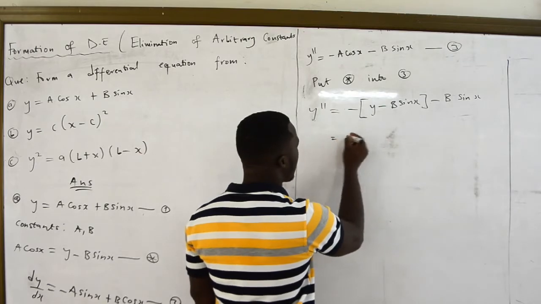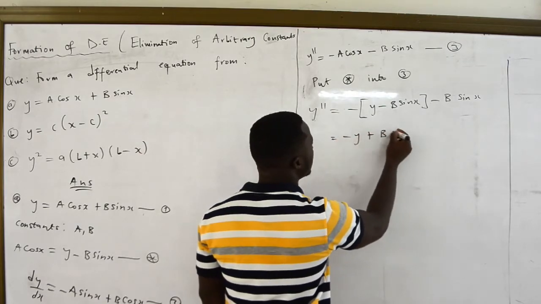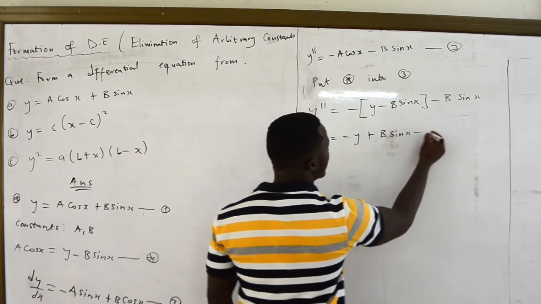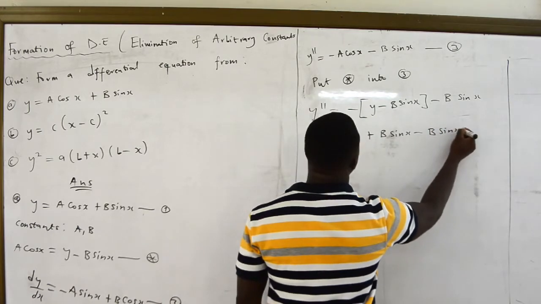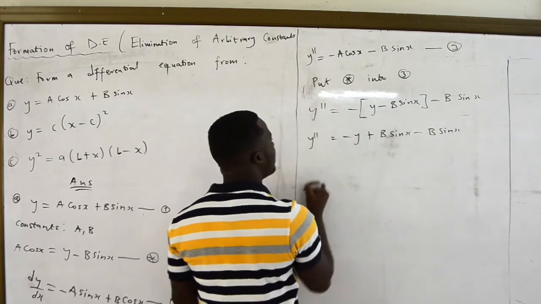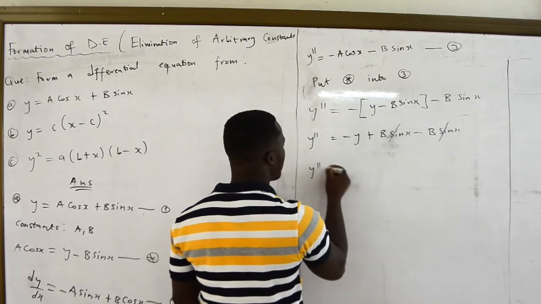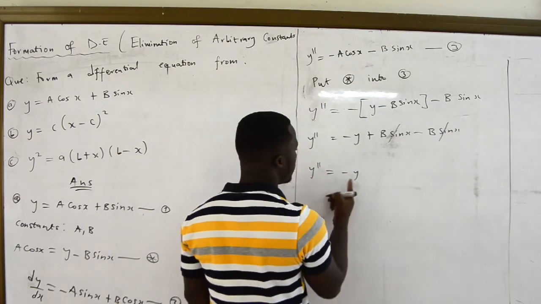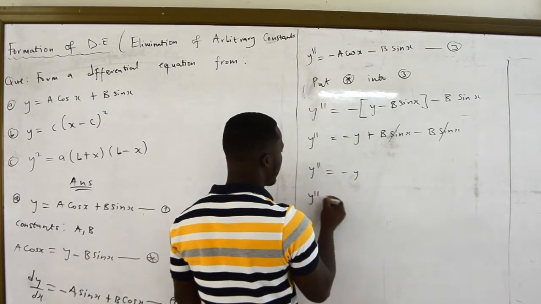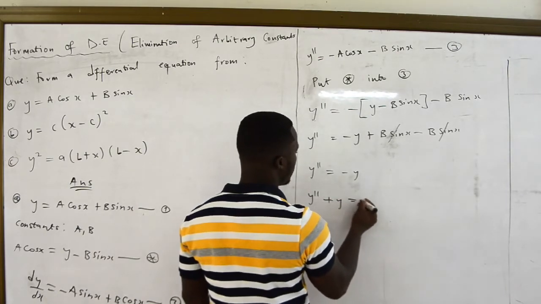Multiply 2 by negative, I'll have minus y plus b sin x minus b sin x. So you have y double prime is equal to negative y. Send this one to this side. We have y double prime plus y is equal to 0.